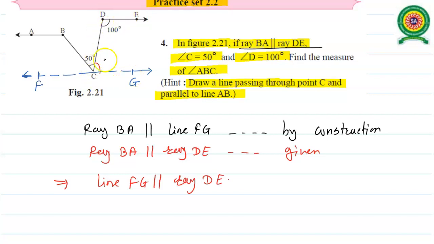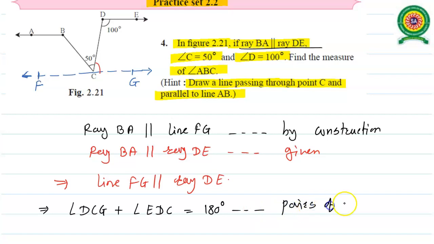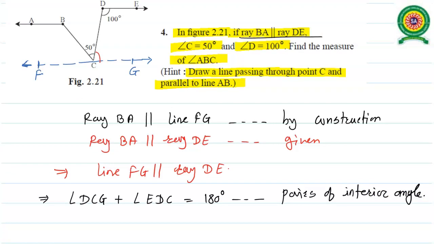Those are pairs of interior angles, which are supplementary once the lines are parallel. So I am writing that implies angle DCG plus angle EDC equals 180 degrees. Why? The reason behind it: they are pairs of interior angles. Once lines are parallel, pairs of interior angles are supplementary.